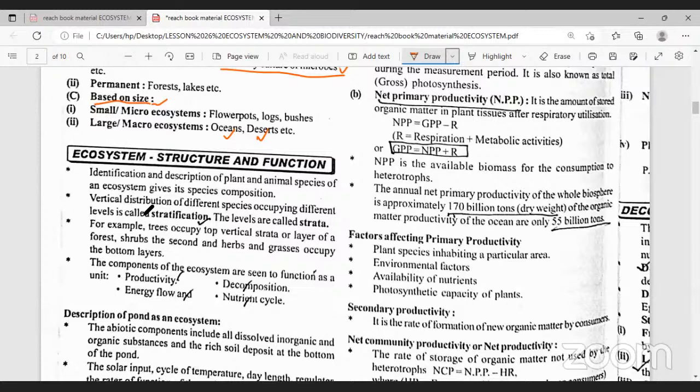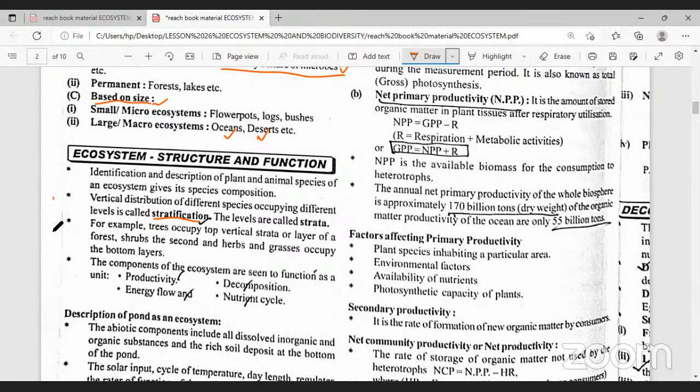The vertical distribution of different species occupying different levels is called stratification. Now only we saw that. Different animals are there. For example, some of the animals grow only on the land, above the soil only. Some of them live inside the soil only. And another one is the reptile; they can creep above the soil.